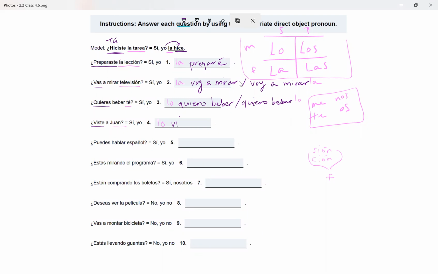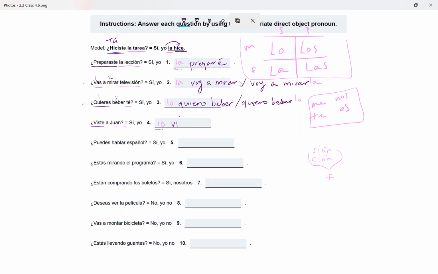Okay. In this one and in number 1, our object pronoun has to come before the verb because there's nowhere else for it to go. We only have a conjugated verb. In 2 and 3, we have two verbs. And the first one is conjugated and the second one is not. So we have more than one place where it can go. Is anyone confused about that right now? No. Not right now? No.